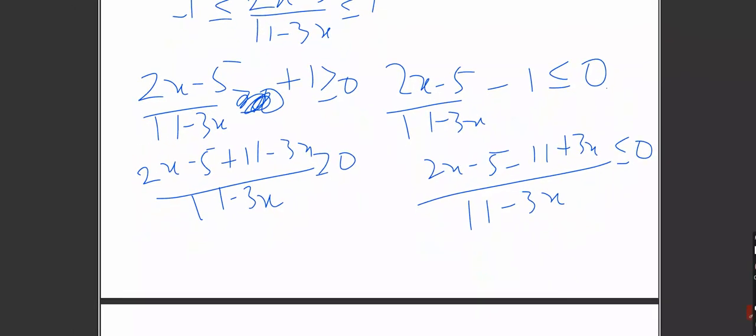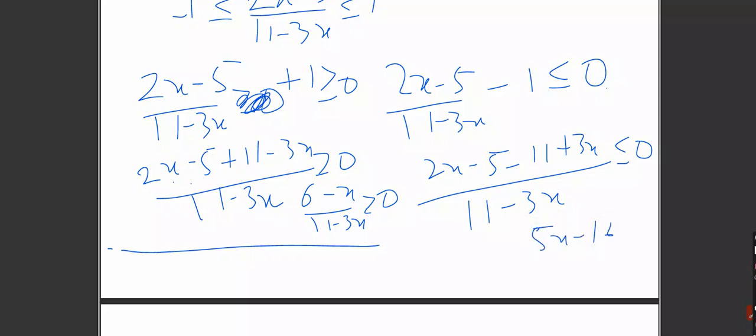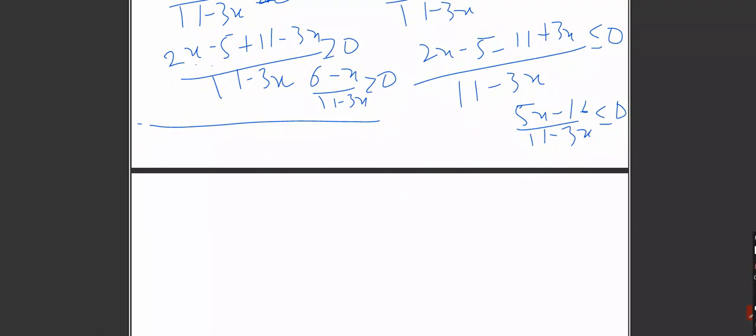So again, by the method of interval, this will become 6 minus x by 11 minus 3x is greater than or equal to 0, and this one becomes 5x minus 16 by 11 minus 3x is less than or equal to 0. Now let's apply the method of interval in both.